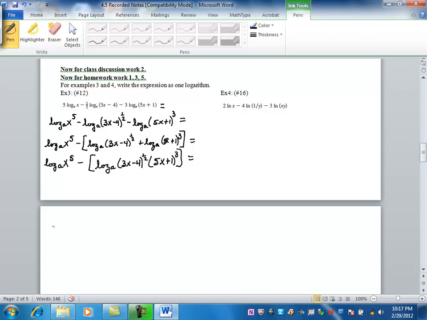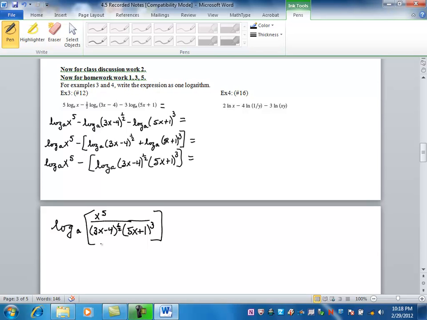And so now we get log base a of x to the 5th divided by 3x minus 4 to the 1/2 times 5x plus 1 to the 3rd. And so we have just expressed that as a single logarithm. So the sum of the logs there we've just expressed as a single logarithm.